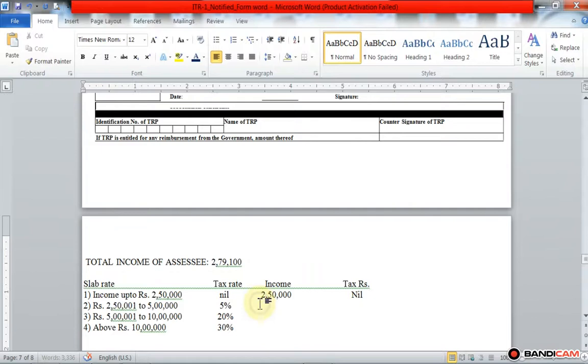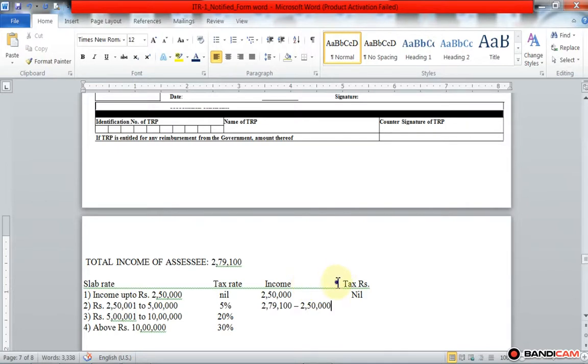Then next, here the remaining balance is 2,79,100 minus 50,000.